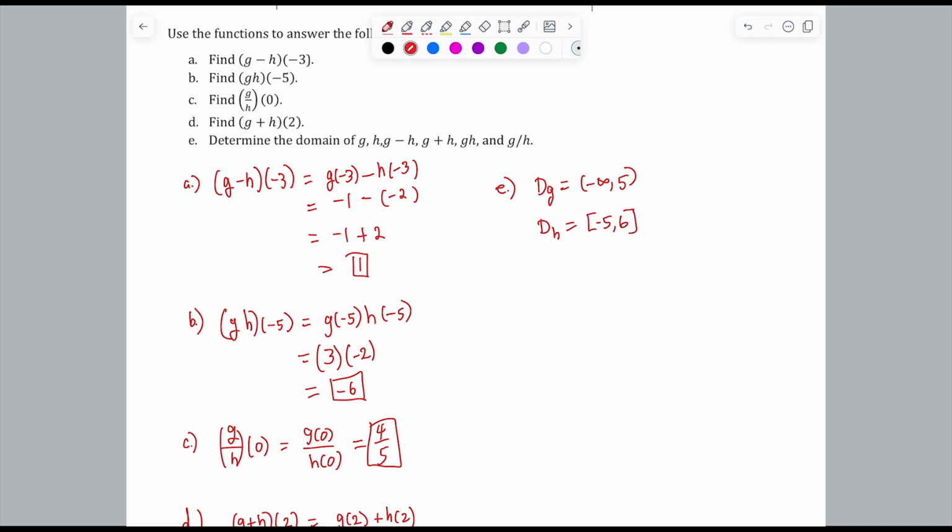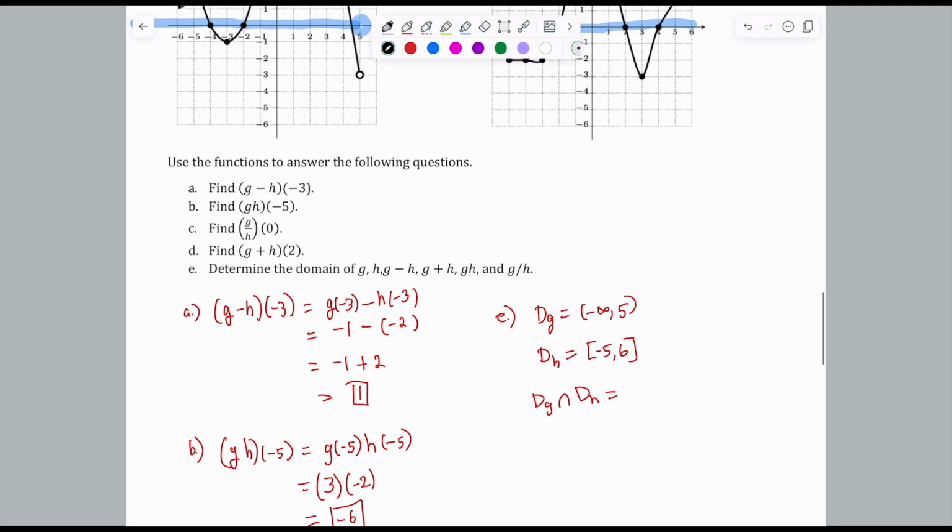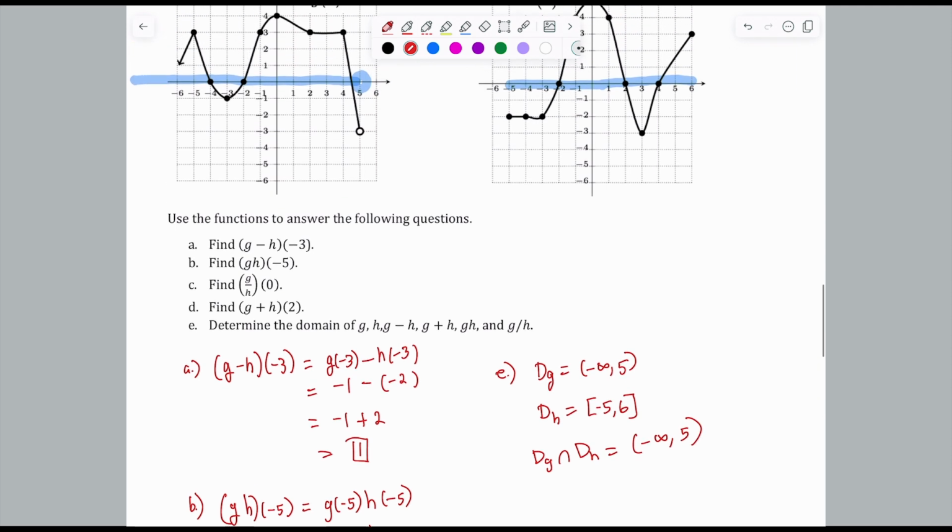Now we need to figure out the intersection of the domain of g and the domain of h. If you examine where they overlap, you're going to see they overlap from -infinity to 5, parenthesis.